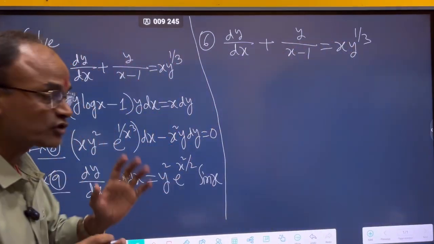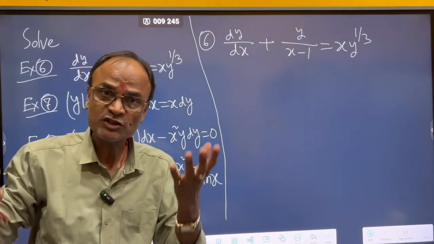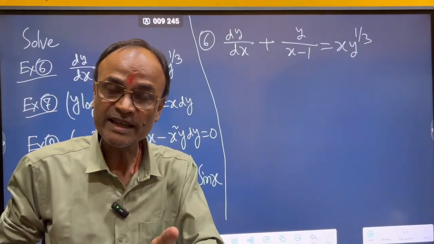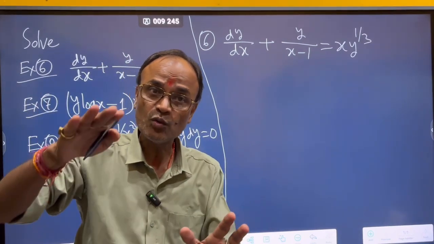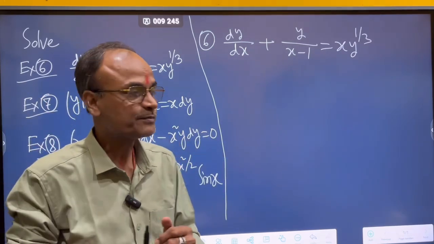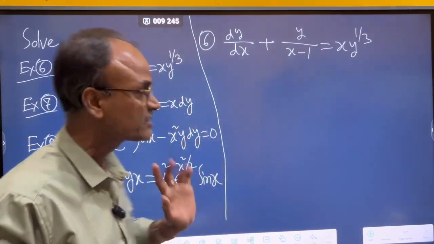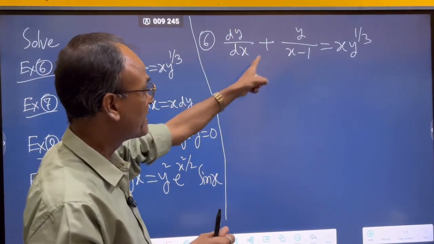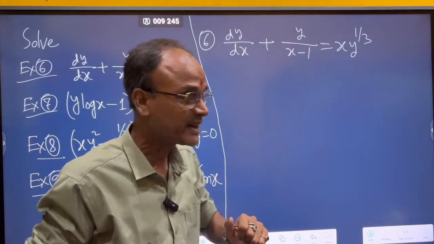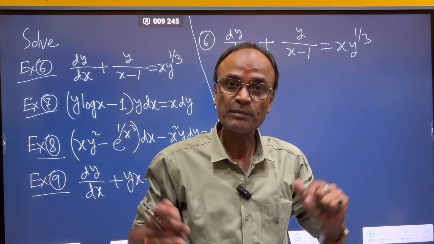Notice this differential equation is of the form dy by dx plus p y equal to q into y to the power n, where p and q are functions of the independent variable x. Here p is 1 by (x minus 1) and q is equal to x, with y to the power 1 by 3.